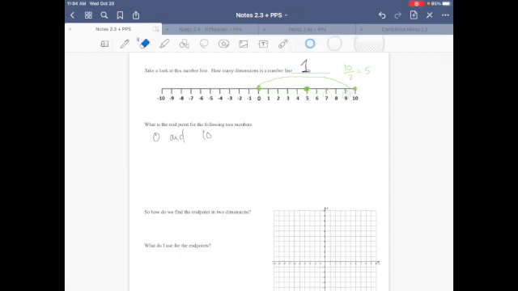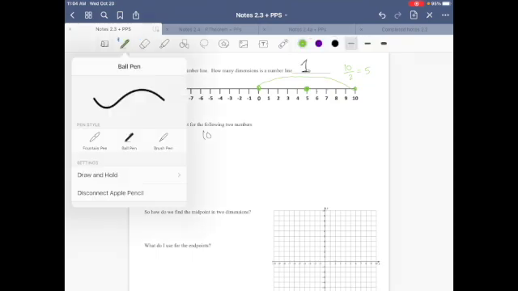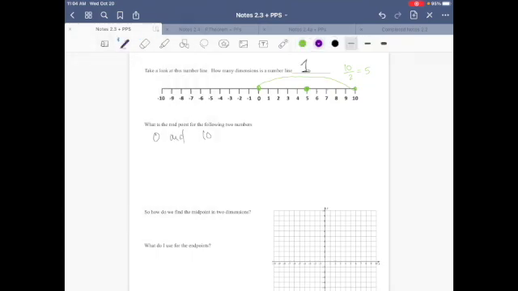So if I wanted to find the midpoint between negative 7 and, let's say, 3, right? So negative 7 to 3, that is a distance of 1, 2, 3, 4, 5, 6, 7, 8, 9, 10 again.